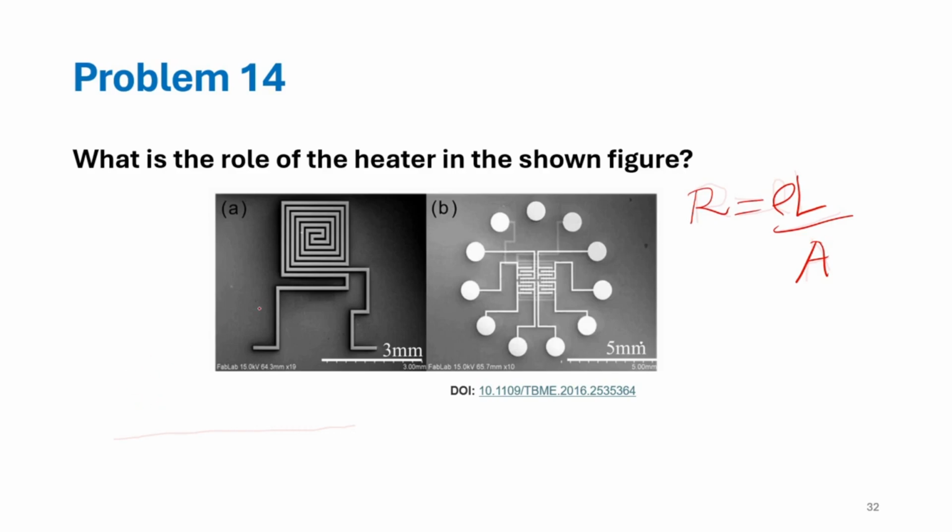So that's why, instead of having a very long wire like this, we have folded the wire in such a fashion that it will occupy less area, but it will have large length. So that's why the heater design is like this. If we follow the line, it is folded. This is one of the terminals and this is the other terminal.